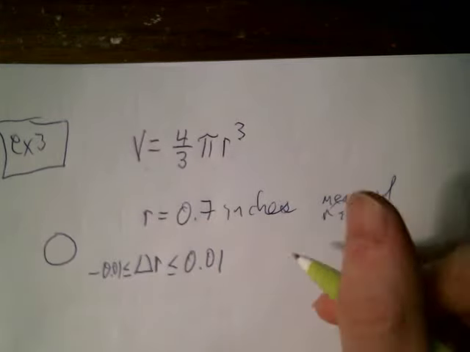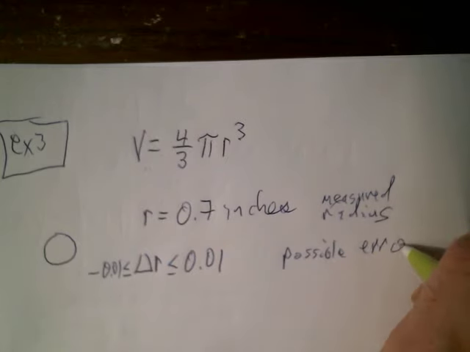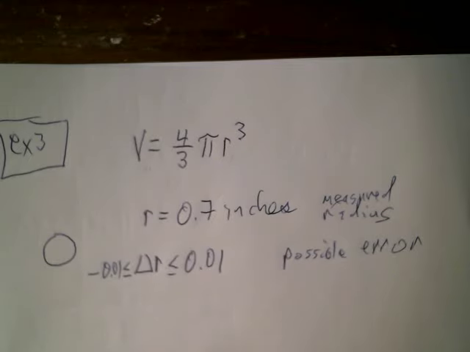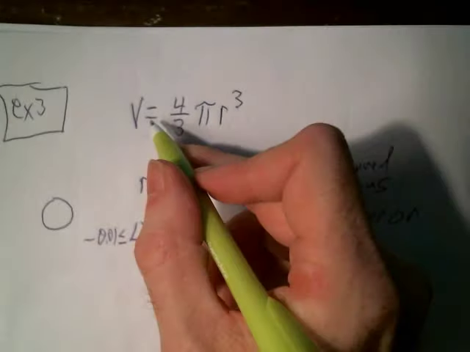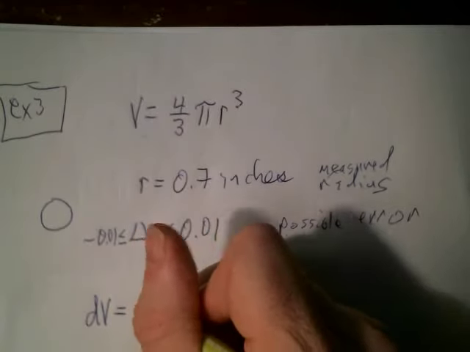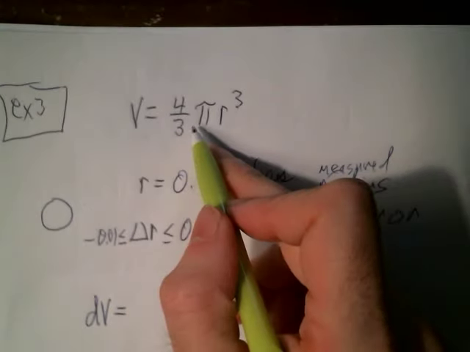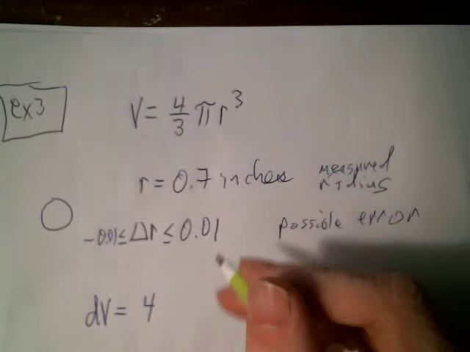Okay, so this is the possible error. Okay, so we're going to estimate the propagated error, the change in y with the differential. And in particular, in this case, then, we'll go dv is equal to, differentiating this, bring down the 3, so we have 4 pi r squared times dr.